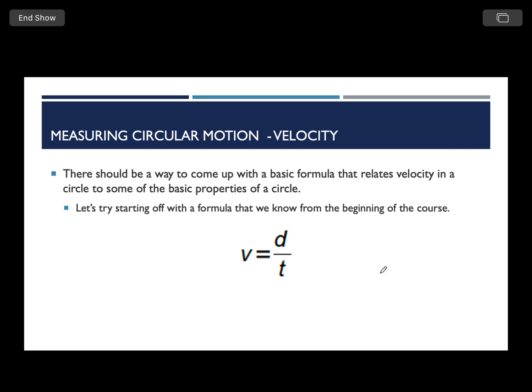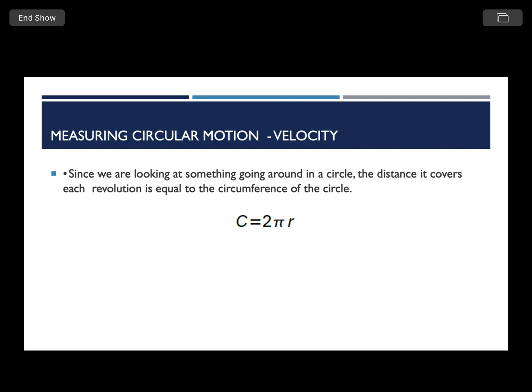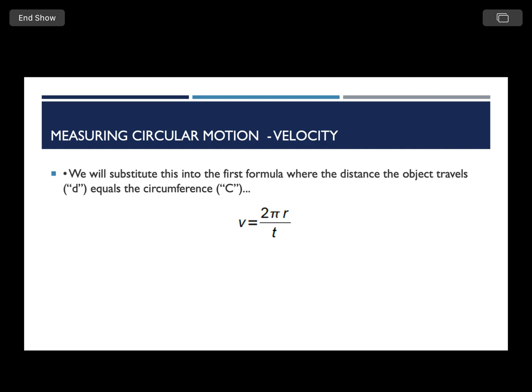So let's start off with this formula that we all know. But because we're talking about a circle, the distance that it travels is going to be the circumference. So if we combine those, the speed is going to be equal to the circumference divided by the time. And that will give us the speed. That is one way.